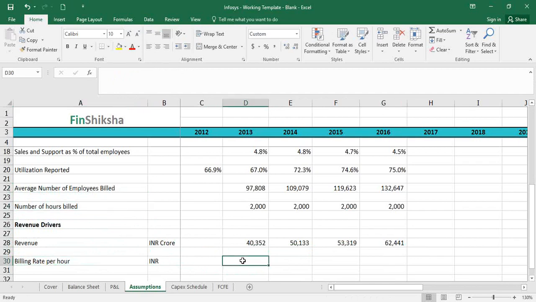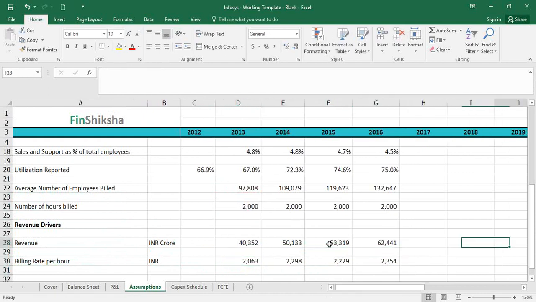In other words, if I convert the revenue into rupees by multiplying by 10 raised to power 7 and divide it by average number of employees billed multiplied by the number of hours, I should get the billing rate per hour and I can drag it on subsequent numbers, right?